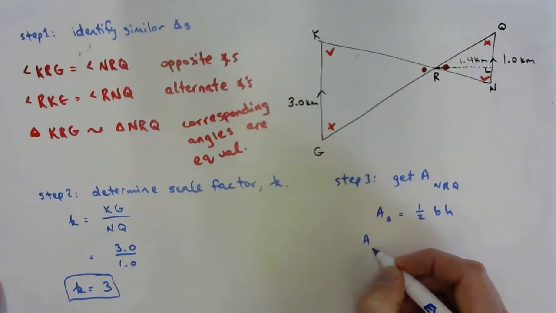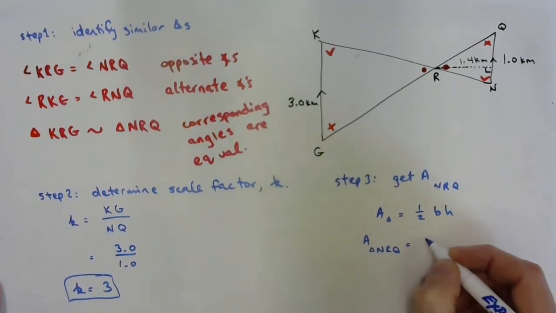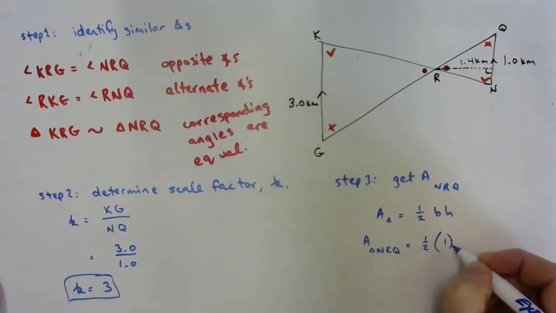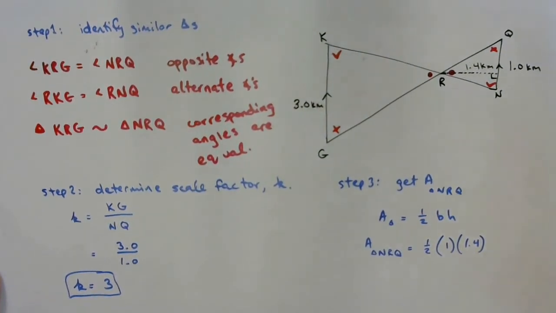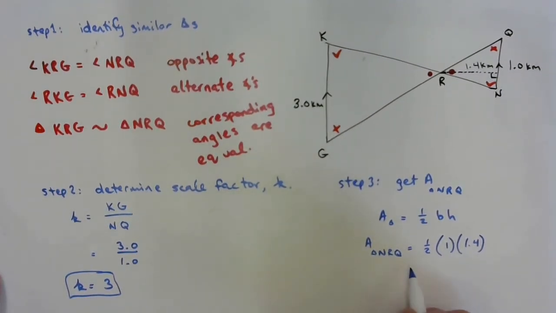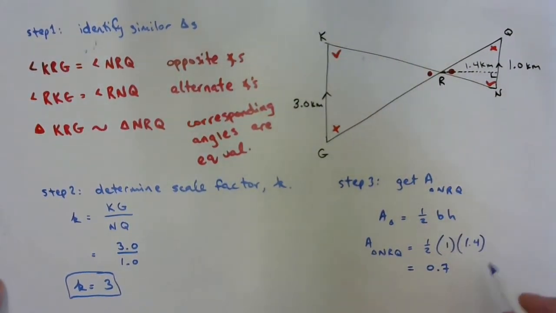So the area of triangle NRQ is 1/2 times 1 times 1.4. 1.4 divided by 2, folks, is 0.7. Okay, so the area of this triangle is 0.7 square kilometers.